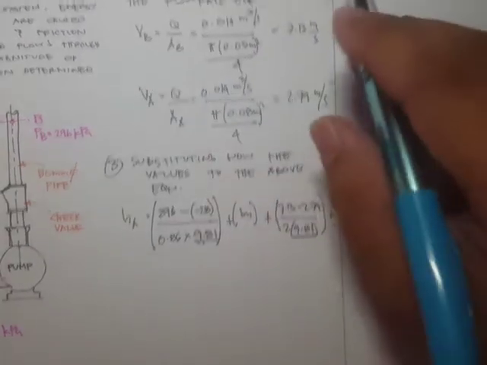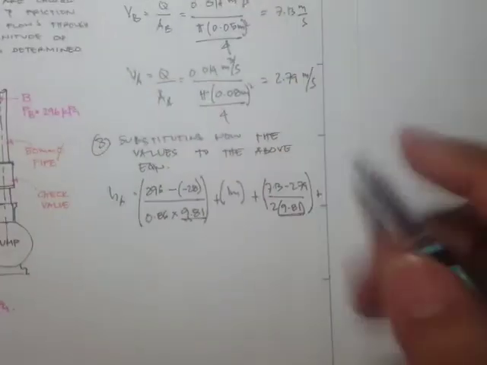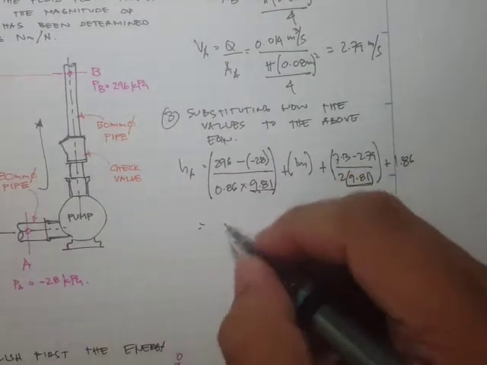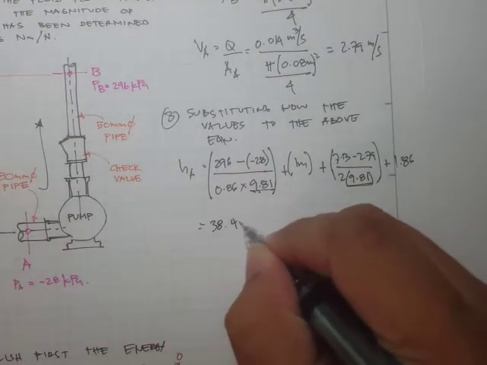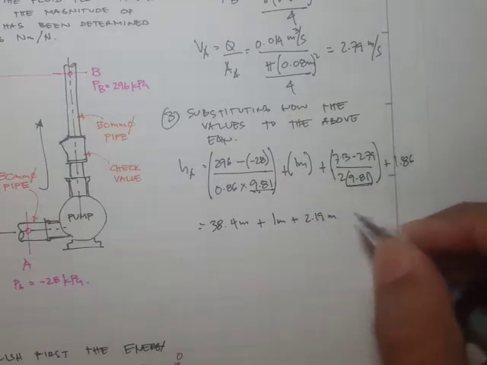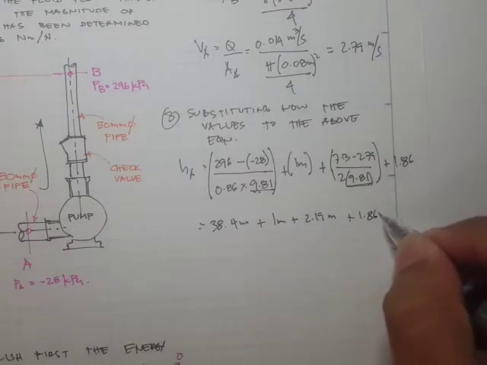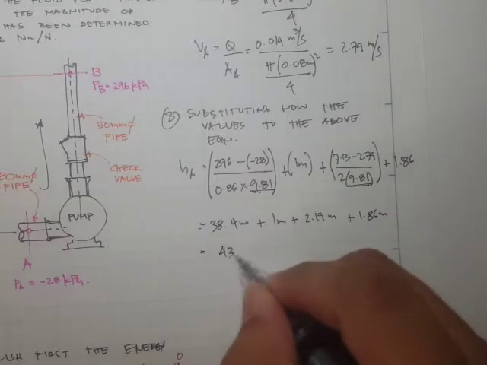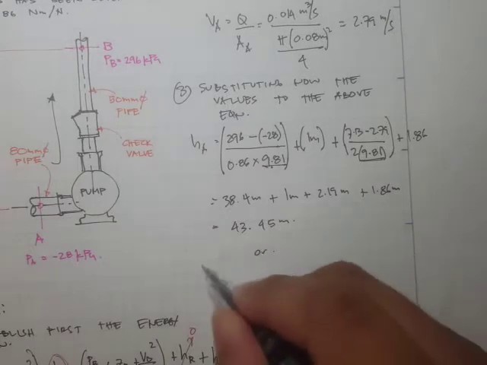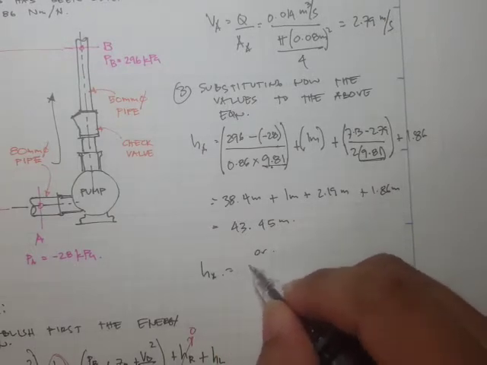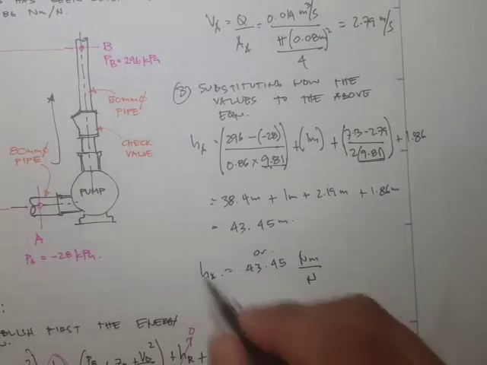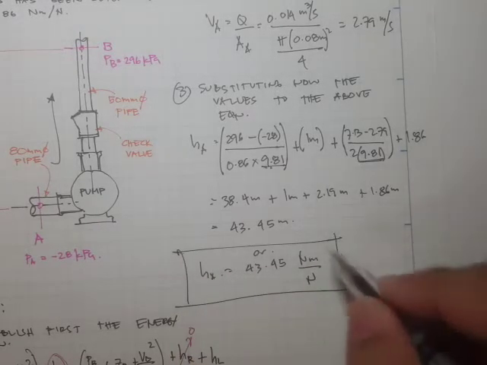Plus the given head loss of 1.86. Okay, so simplifying, we get 38.4 plus 1 meter plus 2.19 meters plus 1.86 meters, and we have 43.45 meters, or we can express it in terms of 43.45 Newton meter per Newton, which is just the same as this.